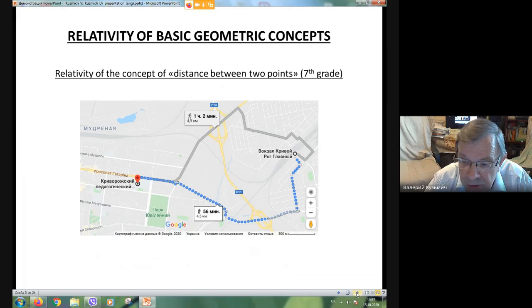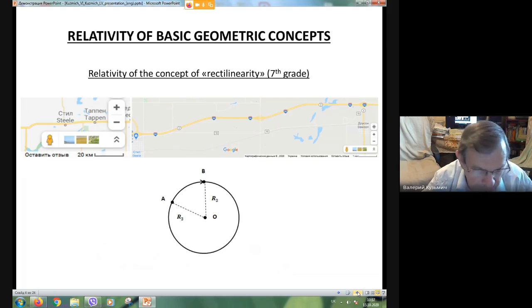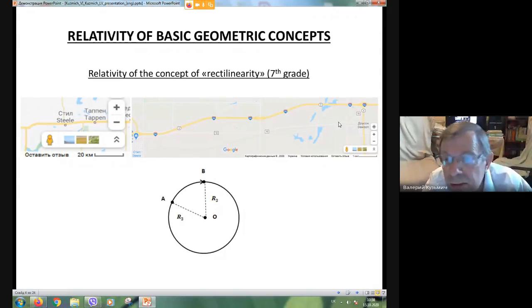Відносність поняття прямолінійності можна наглядно проілюструвати на прикладі зображення однієї і тієї ж самої дороги між двома містами на географічних картах з різним масштабом. Це перша карта, з дуже великим масштабом, відстань між двома містами в Штатах, Стіл і Доусон.